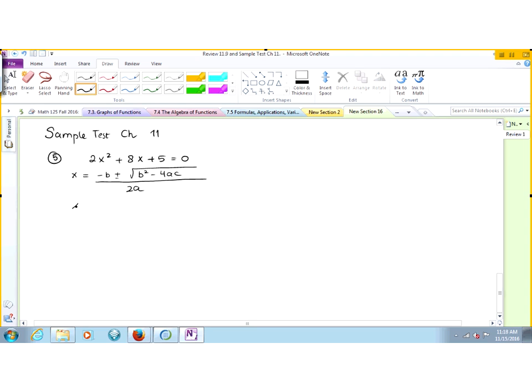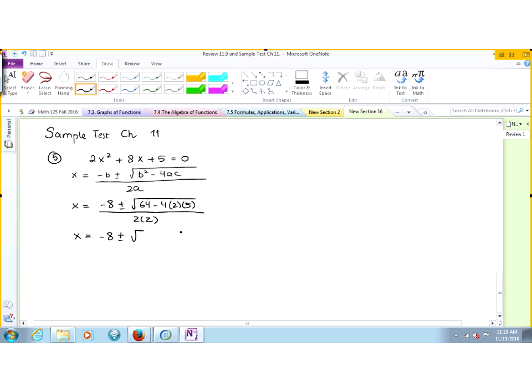Anyway, do we know what negative b is? Negative 8 plus or minus square root of b squared, 64, minus 4 times 2 times 5, divided by 2 times 2. Remember, it's all over 2a.